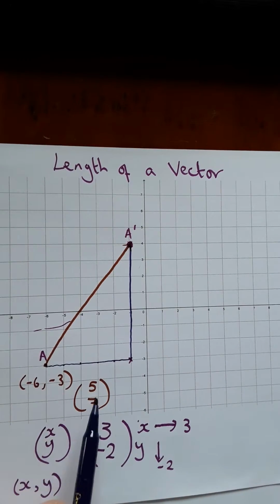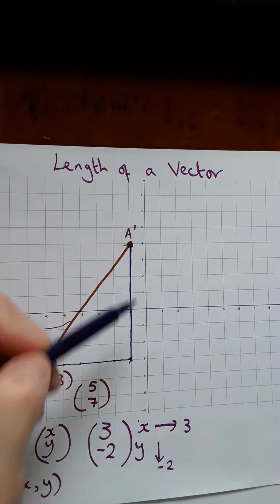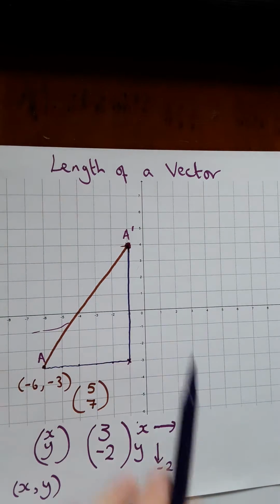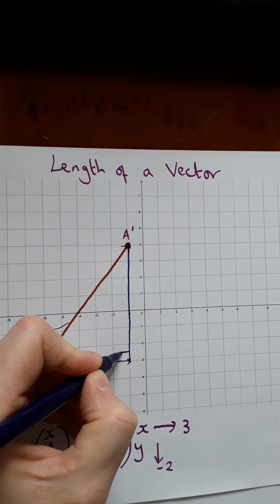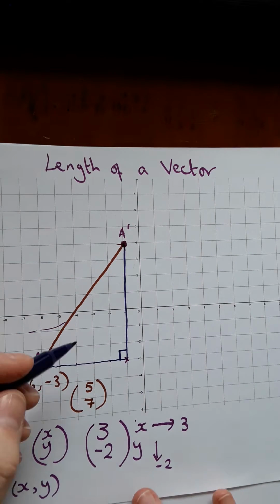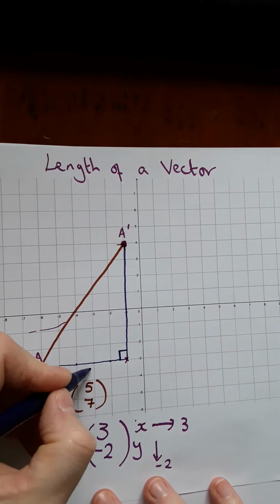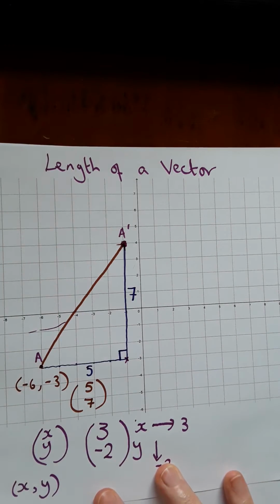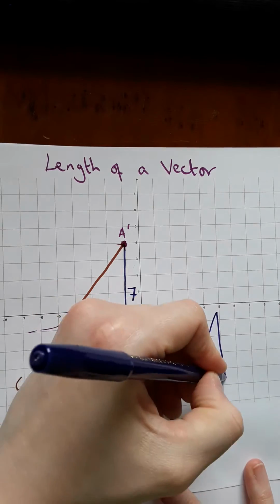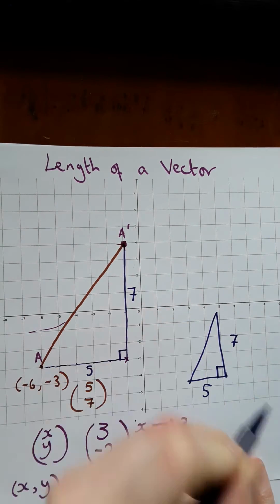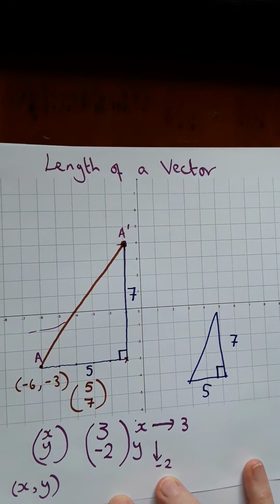So actually what we can do is look at the distances that I've travelled horizontally and vertically because that has given me a right angle. So here I've travelled 1, 2, 3, 4, 5, and here I've travelled 7. So now I know that I'm essentially working with a right angled triangle with the shorter side lengths of 5 and 7.